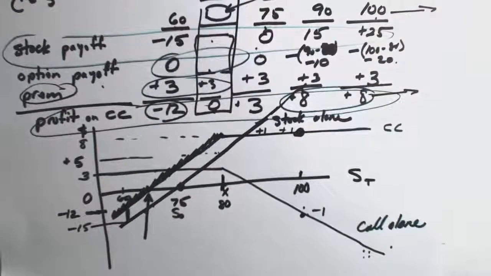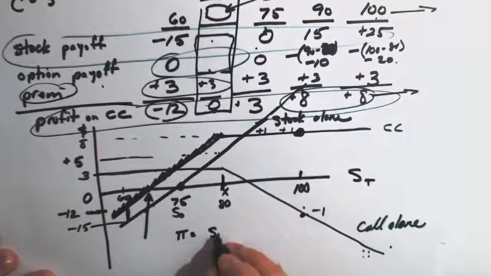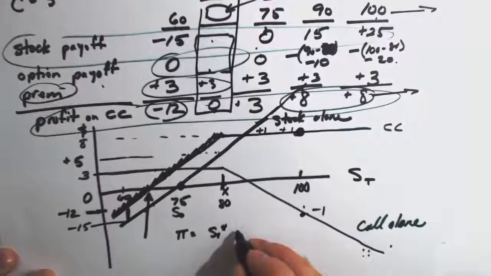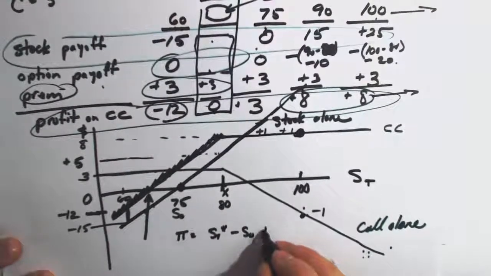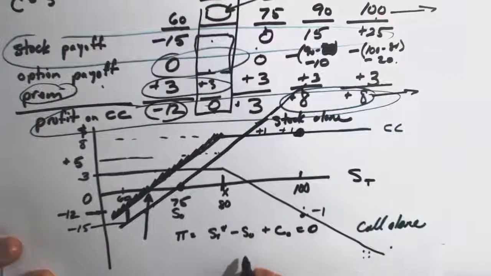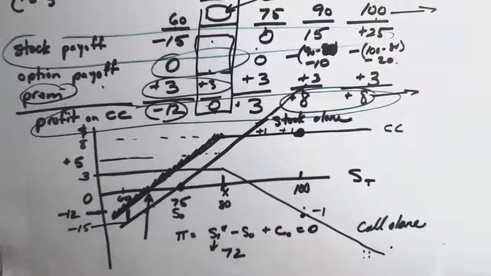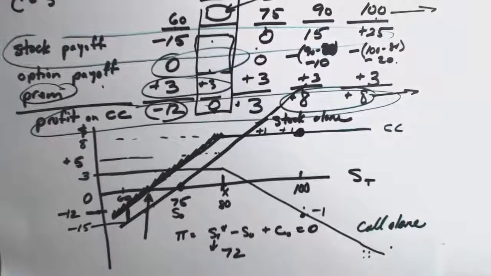And so it turns out the break even point is ST, the stock, right? That's the profit on the stock, plus the premium on the covered call equals 0. And so we end up with ST equals 72. Stock price at break even at expiration is $72 per share.